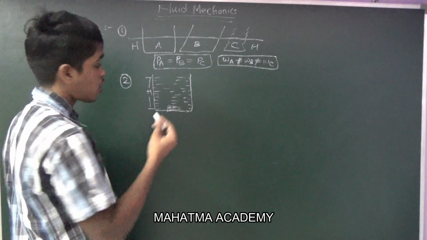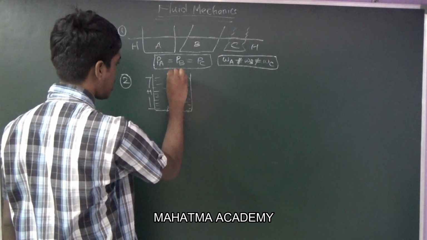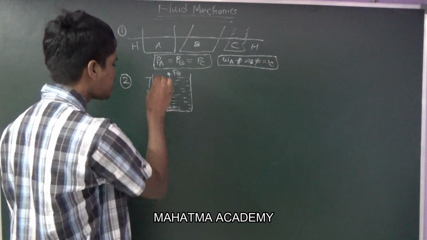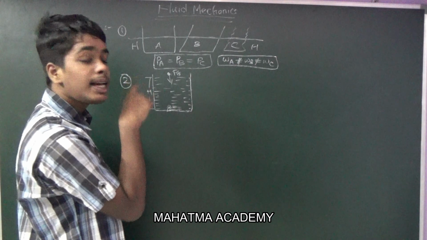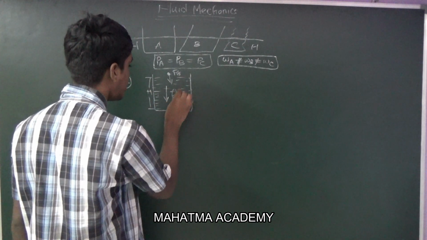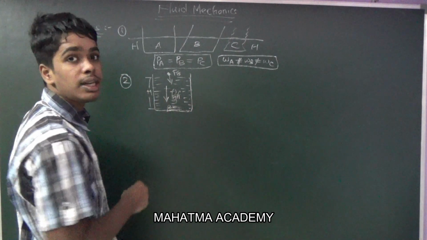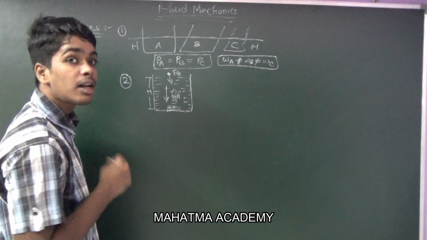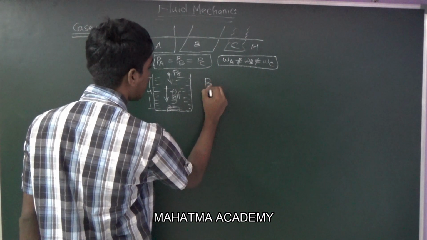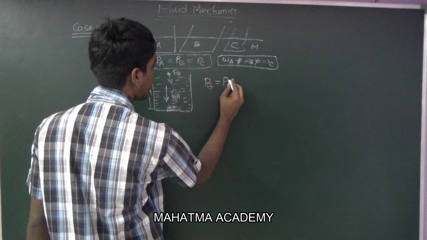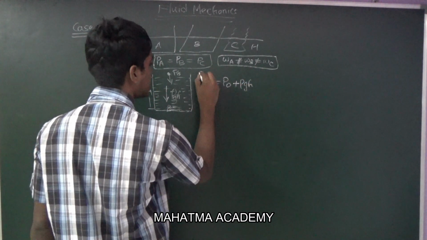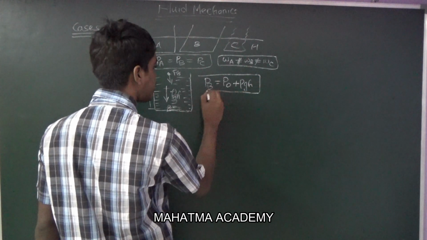Now at the top side, atmospheric pressure is acting, and the liquid is also exerting pressure. The pressure is rho g h. We will discuss rho g h after reading the density topic. So pressure at bottom is equal to atmospheric pressure plus rho g h. It is the simplest case.